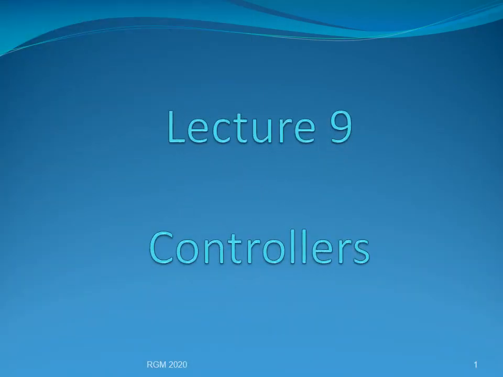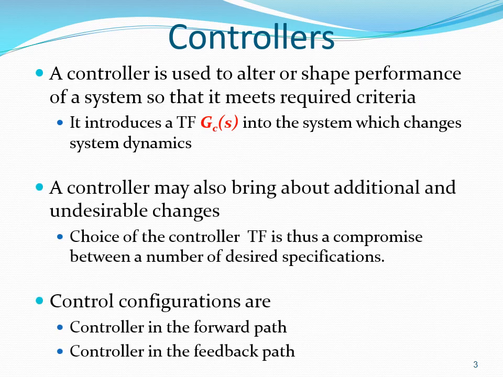In this lecture, we are going to look at controllers. A controller is used to alter or shape the performance of a system so that it meets the required criteria.